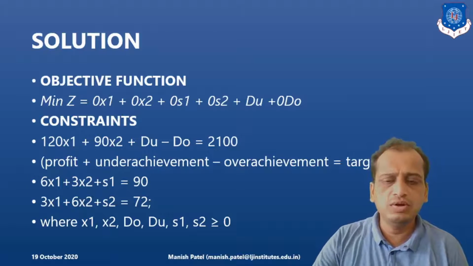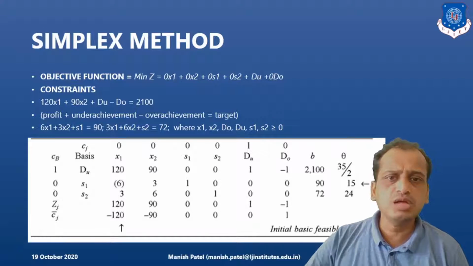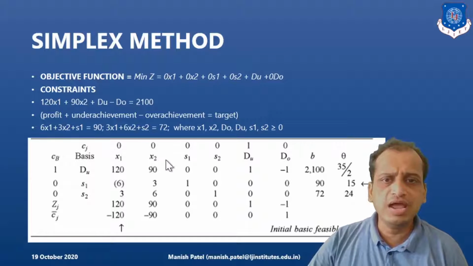Now we can convert this into a simplex table. Just put the variables x1, x2, s1, s2, du and do from the objective function at the top, that is Cj. All these constraint coefficients we will write here: 120, 90, 0, 0, 1, minus 1 and 2100.